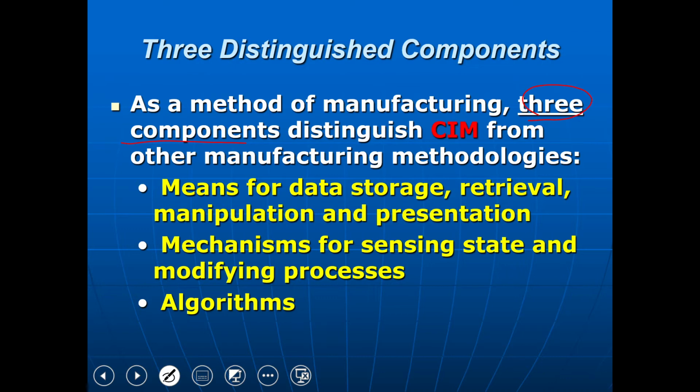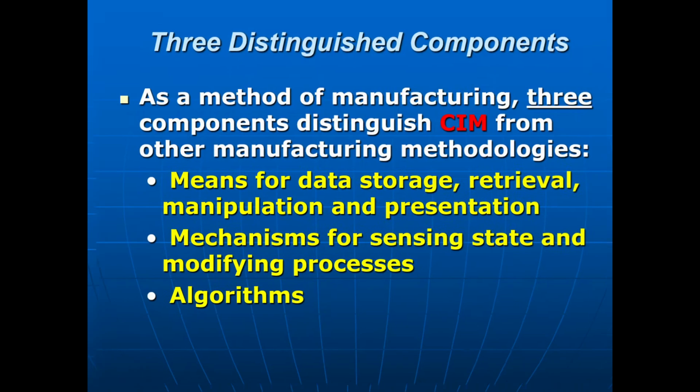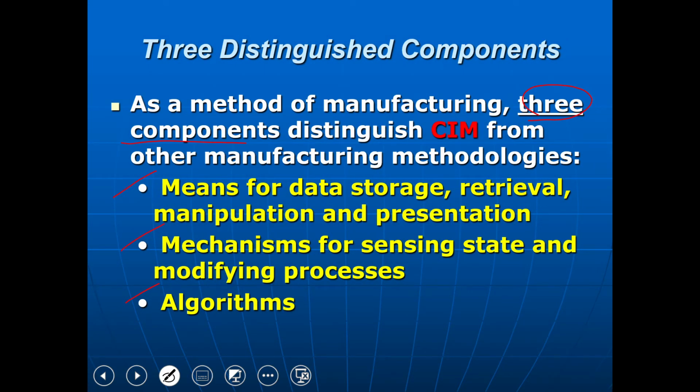They are: data storage, retrieval, manipulation and presentation; mechanism for sensing state and modifying process; and algorithm. Number one is data, regarding data storage, retrieval, manipulation and presentation, because we use computers, so this is related to means for data storage.